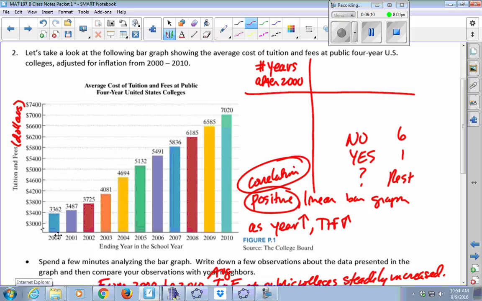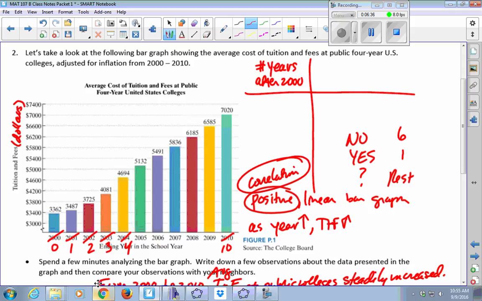So the ending year in 2000 is 0, because that's how many years after 2000 it is. The year 2001, the ending year is 1 because it's 1 year away from 2000. And this would be a 2, and this would be a 3, this would be a 4, all the way up to 10. I usually like to define it as the number of years after 2000.